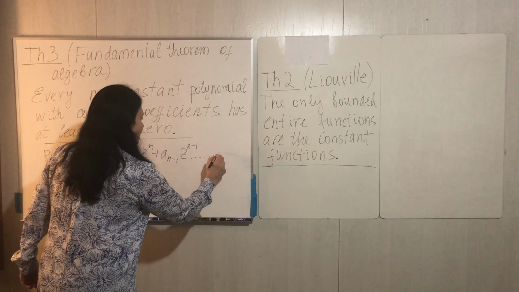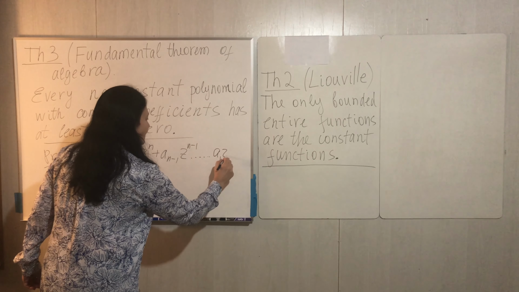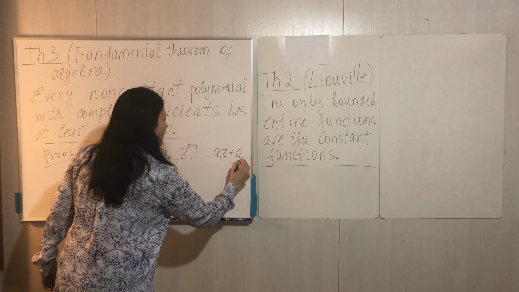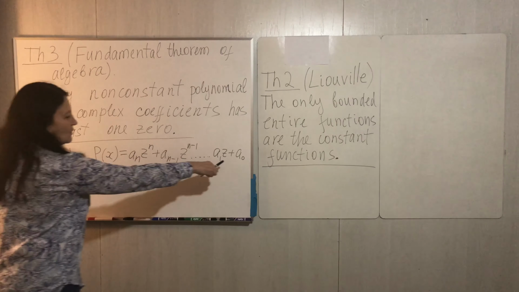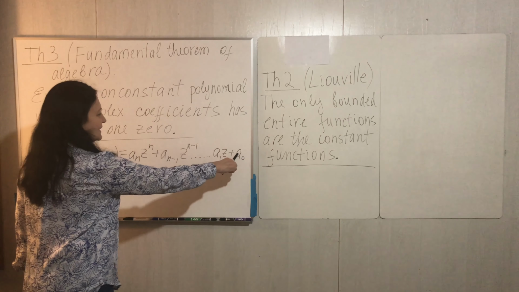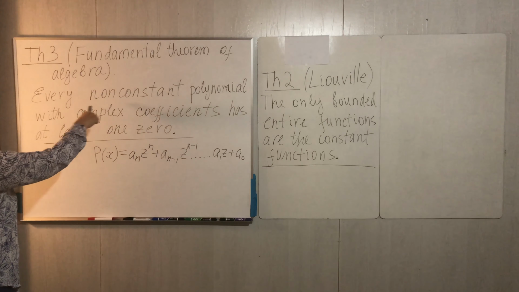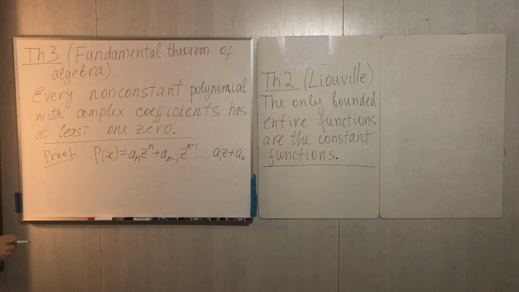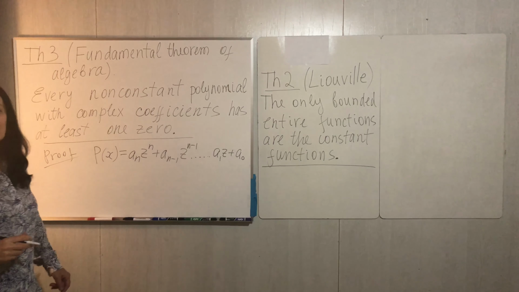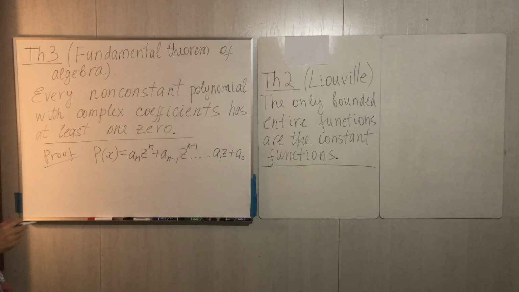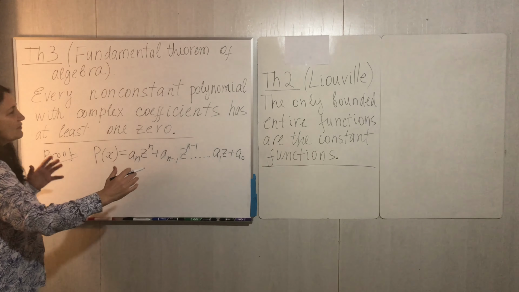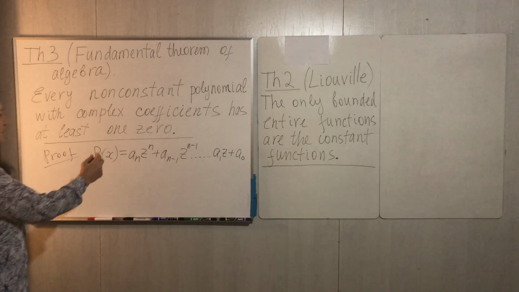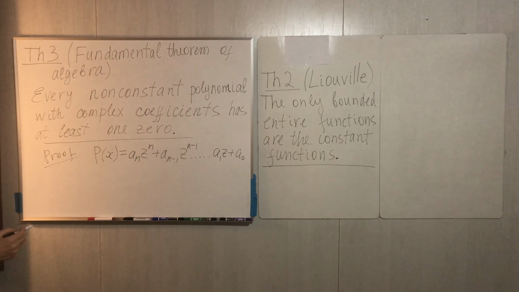Then second from last will be a_1 z plus a_0. Non-constant: a constant would be if we just have a_0, so we have a non-constant polynomial. So let's think of what the behavior of this function is at infinity. When z goes to infinity, this polynomial is growing.